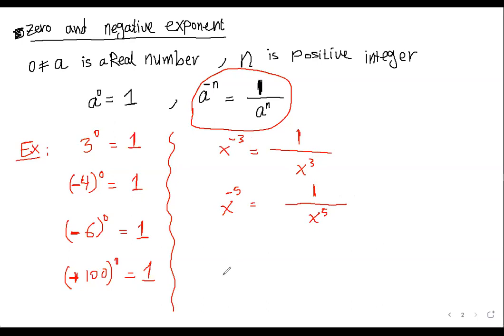What about something like that? 3 to the power minus 2. What's the answer? 1 over 9. 1 over 3 squared, and 3 squared is 9. Any question?